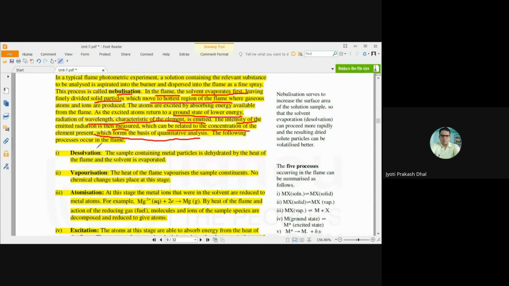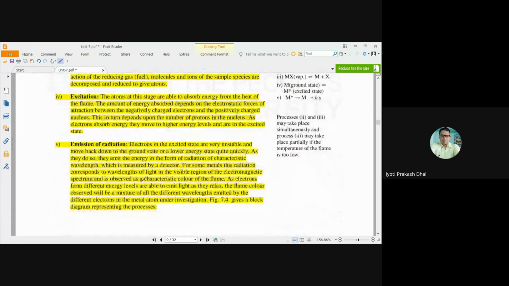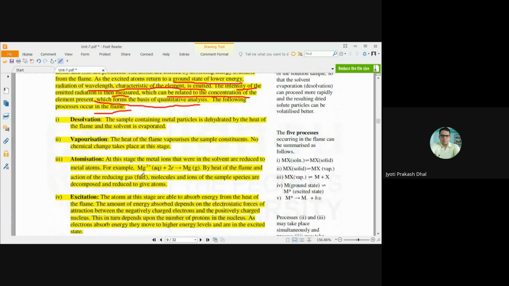The following processes occur in the flame. In flame photometry, the following are the different steps. The first one is desolvation. The sample containing the metal particles is dehydrated by the heat of the flame and the solvent is evaporated. Suppose we analyze an alkali metal or alkaline earth metal.